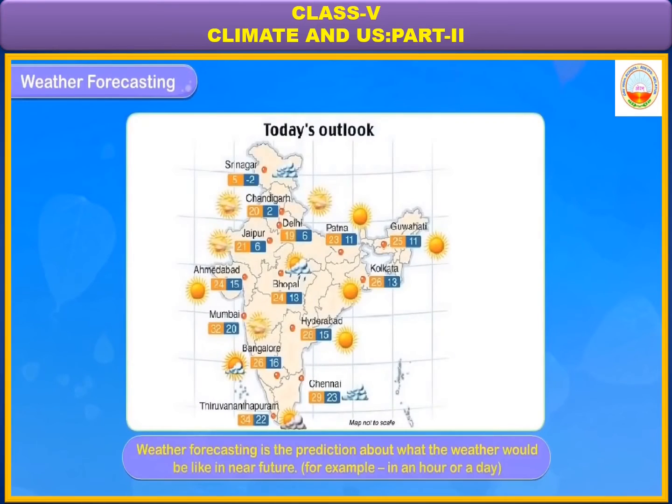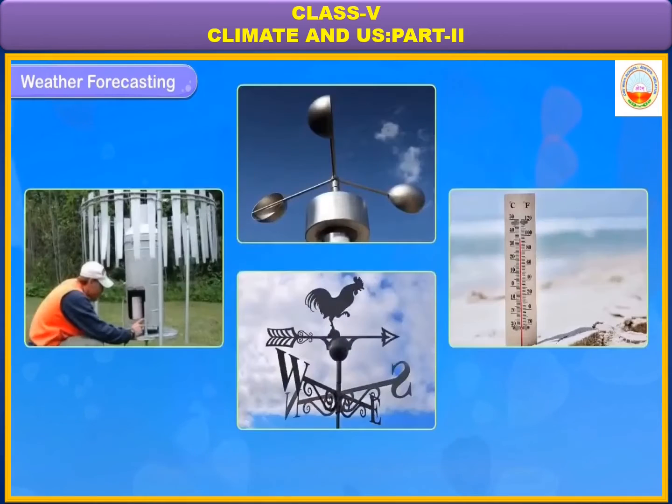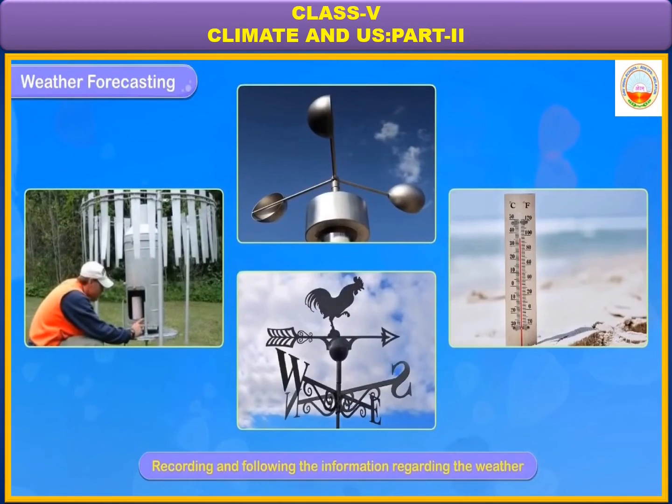Now children, let us look at weather forecasting. Weather forecasting is the prediction about what the weather would be like in the near future, for example, in an hour or a day. It is done by recording and following the information regarding the weather.